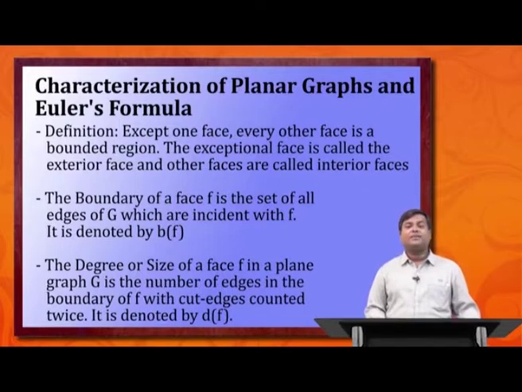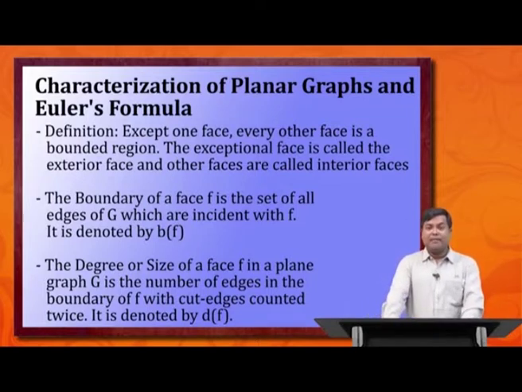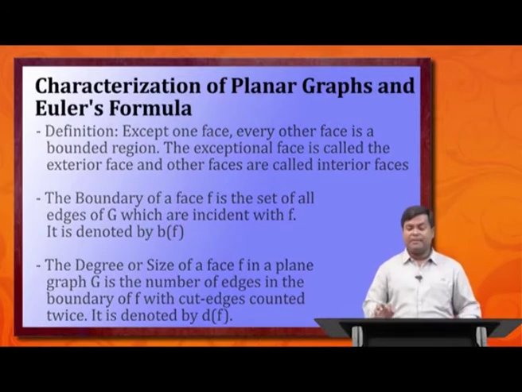Now there is another way to calculate degree. We need to visit the entire boundary with a boundary walk. While visiting that boundary walk, the number of edges we visit is actually the degree of that face. So we will come with an example.